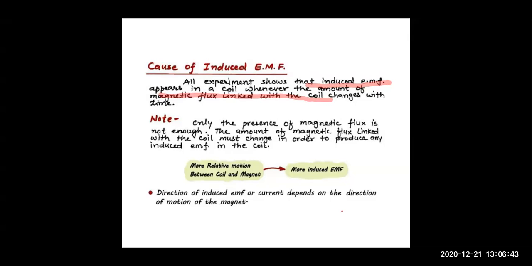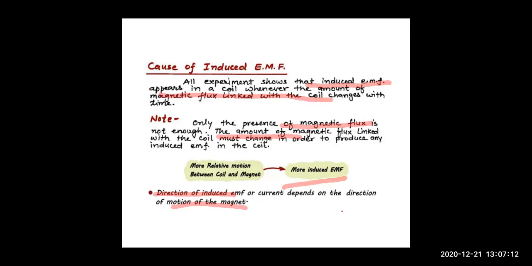So only the presence of magnetic flux is not enough. If magnetic flux is present, no current will be produced. But the magnetic flux must change. Then only EMF will be induced in the coil. And the direction of EMF depends upon the direction of motion of the magnet.